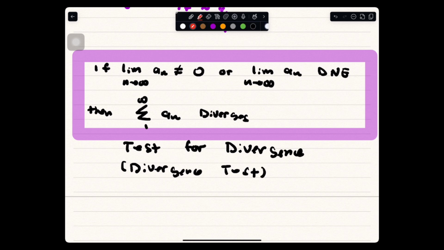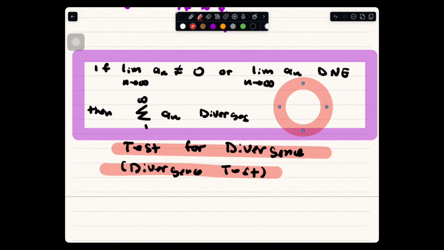Okay, divergence test. Test for what? Divergence. This is what we care about. So that first statement is really a valid statement, but we actually use the contrapositive. Okay, now you might say, well, how do we use this then?